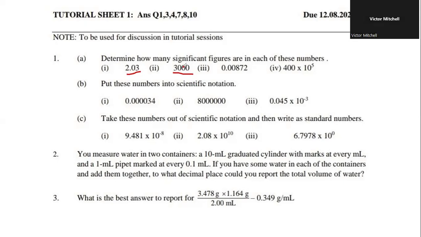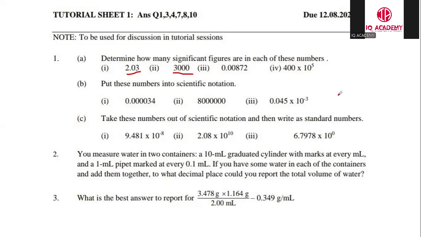Because the three zeros there, there's no decimal place there. Yes. So these zeros are trailing zeros, but they do not have a decimal point there, so that makes them non-significant. So they are actually only one significant figure here.